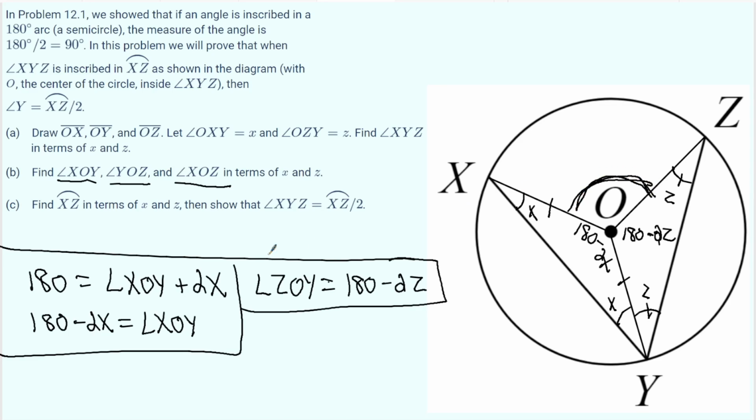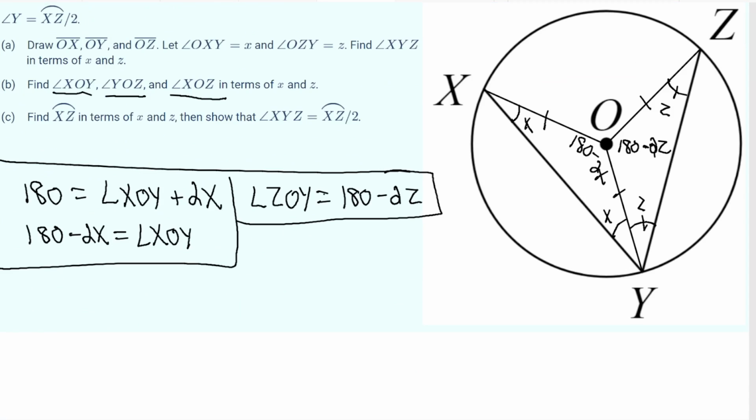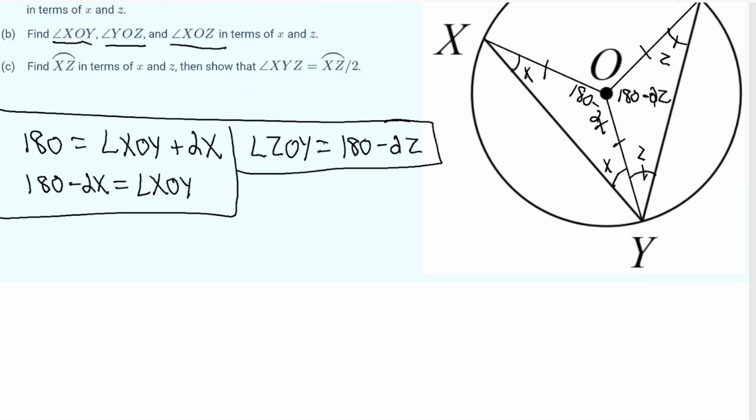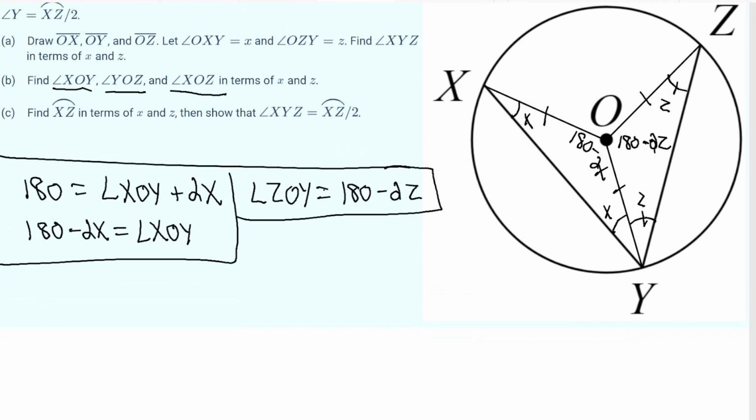How can we express that angle in terms of x and z? Well, if we combine all three of those angles, that is a complete rotation, which means altogether they have a measure of 360 degrees.